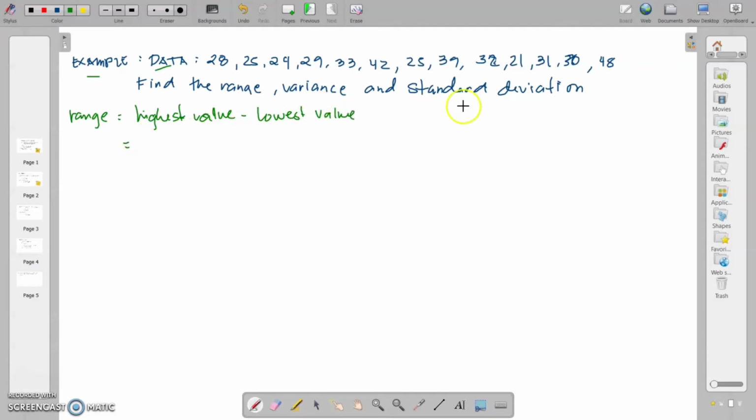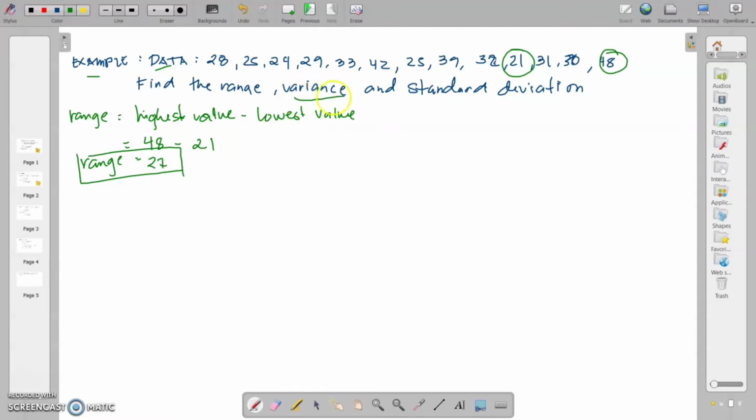The highest value in this set is 48, minus the lowest value, which is 21. So 48 minus 21 is 27. That is the range.